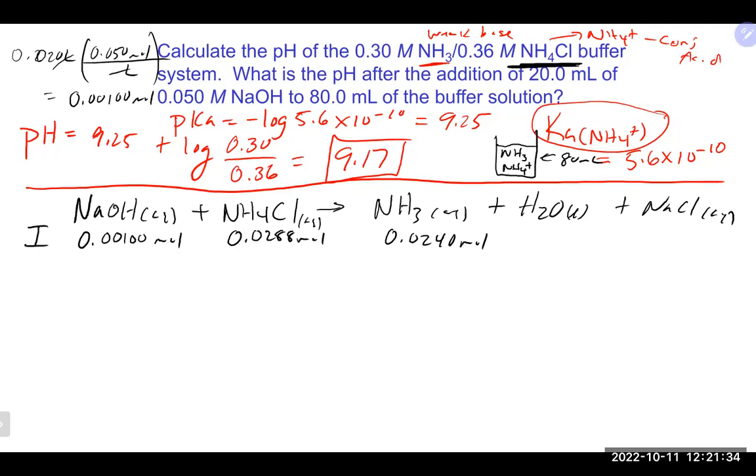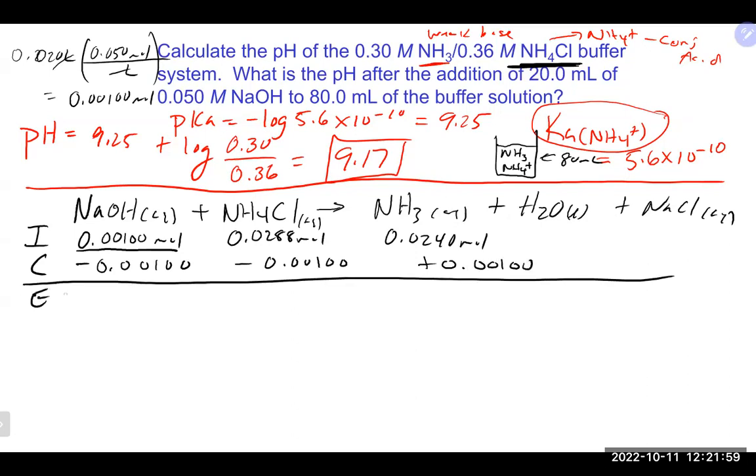Water, I'm not going to worry about, and sodium chloride, which is neutral, I'm not going to worry about either. So it keeps it a little bit simpler. Change here is going to be our smaller number. Our sodium hydroxide is the limiting reagent, so it should be used up. So that's 0.001 minus 0.001 and a plus 0.001. That means at equilibrium we have none of that.